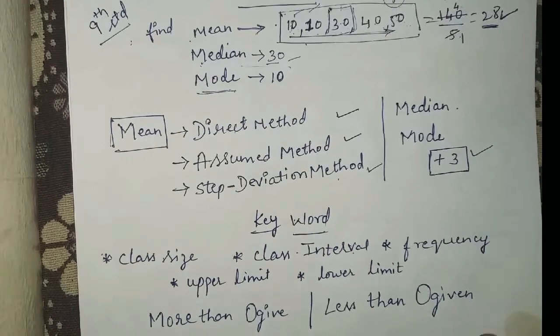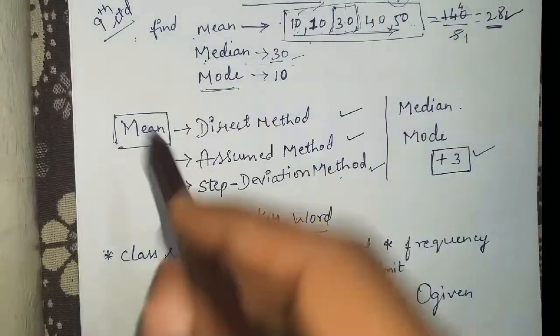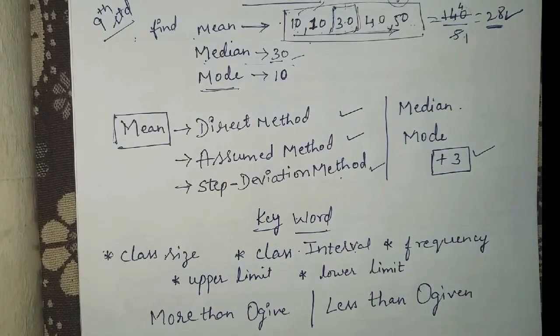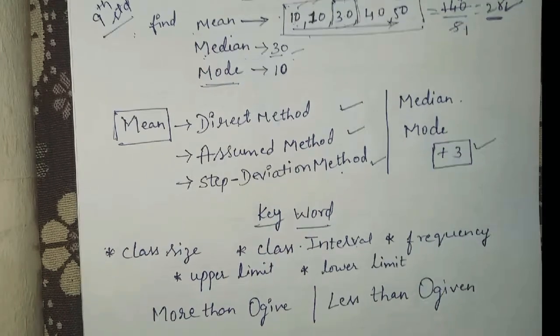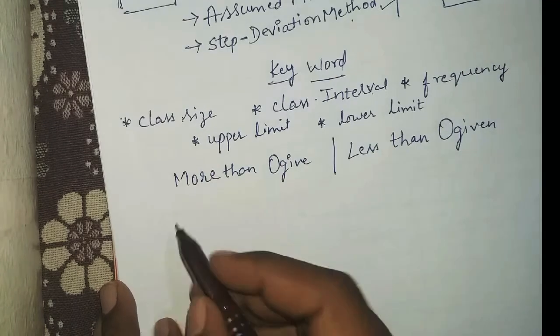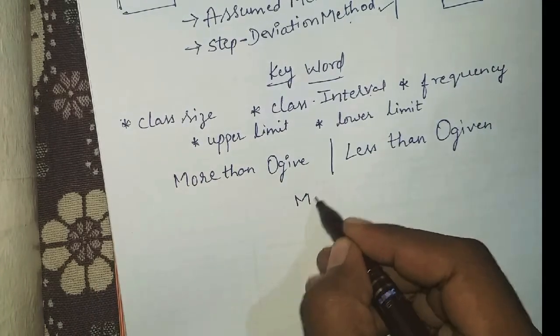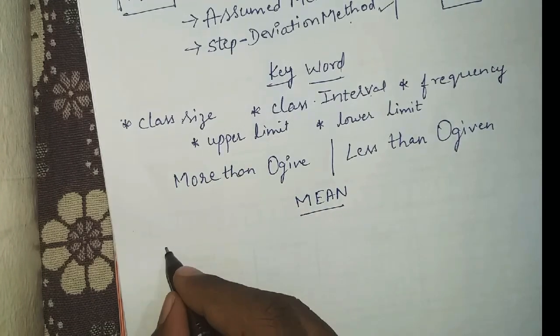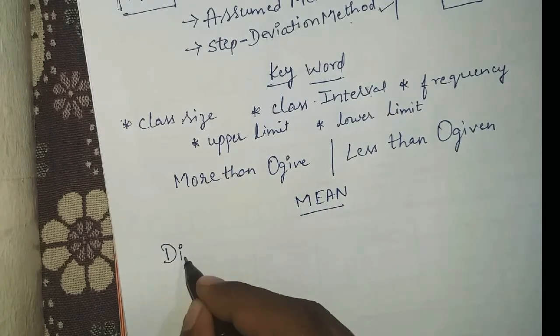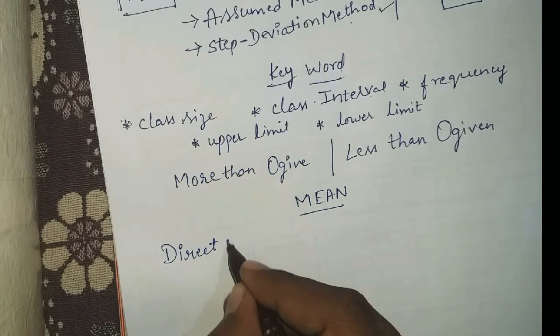This is the content you study in stats in 10th standard. Now we'll go for the class. First we'll find the mean, by which method? Direct method.